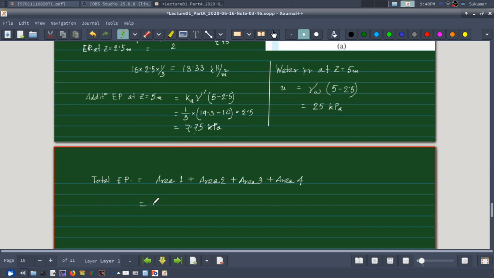First will be half times 2.5 times 13.33.